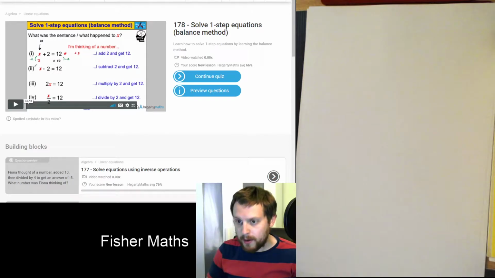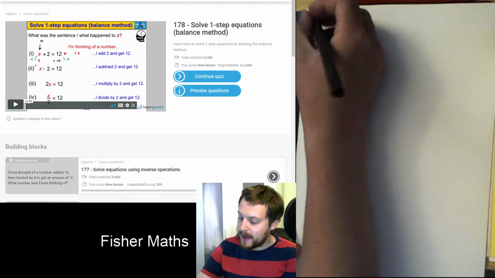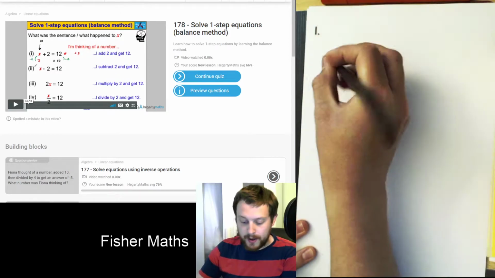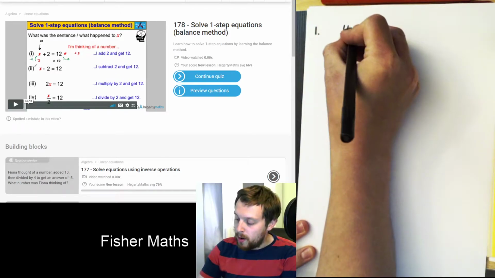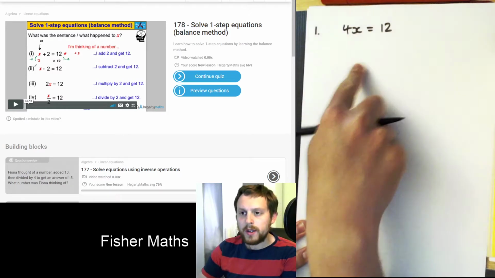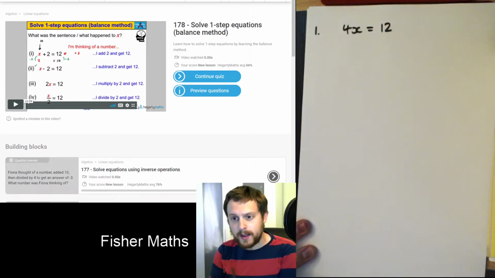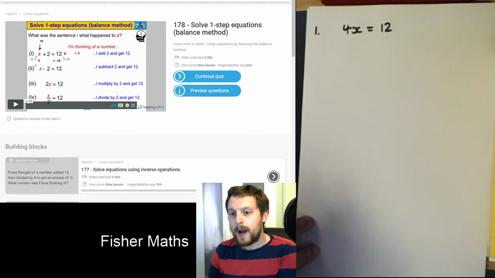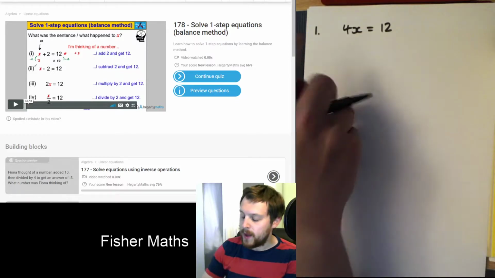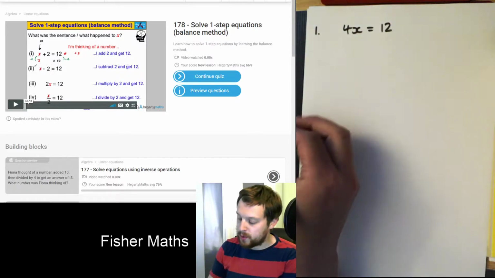Okay, so without further ado, here are the 4 example questions. Because they've got equal signs in them, these are all equations. Now they are quite simple equations, but I'm still going to show you exactly how we solve them. So number 1, 4x equals 12.